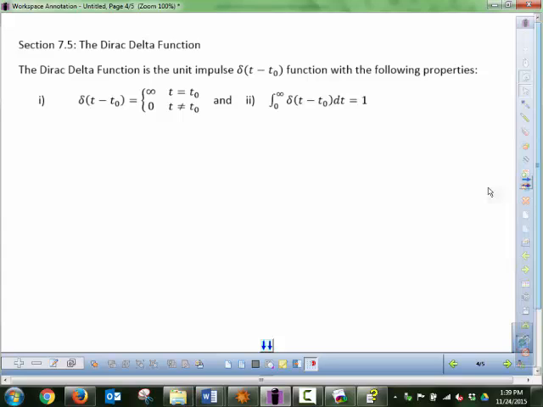Here they define it using a couple of properties. One property says that the delta function at t sub 0 is equal to infinity at t sub 0 and 0 everywhere else. So that's a weird definition. The other part of the definition is that the integral over all the real numbers of the Dirac delta function is 1.